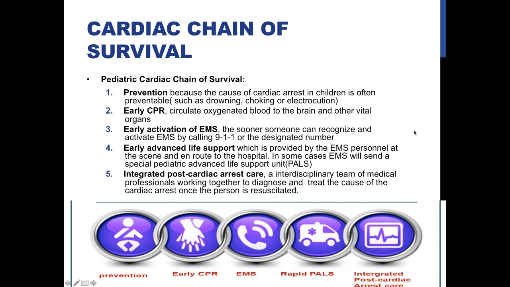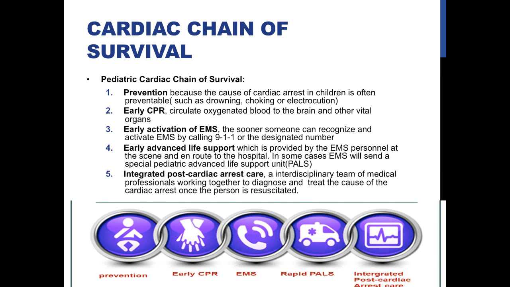The pediatric cardiac chain of survival is just slightly different. With the pediatric, because in most cases a cardiac arrest situation in children can be prevented, step 1 is actually prevention.